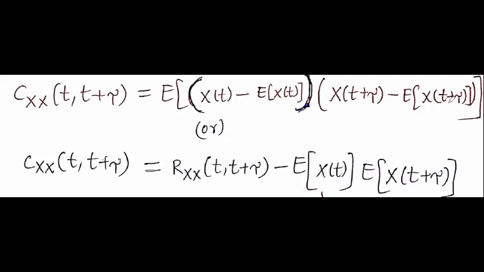The first consideration is that if X of t is at least a wide sense stationary random process, then its autocovariance function is the subtraction of the mean value, represented mathematically like this. This is the autocovariance function.